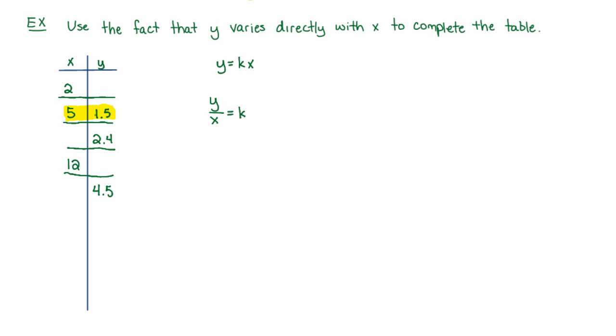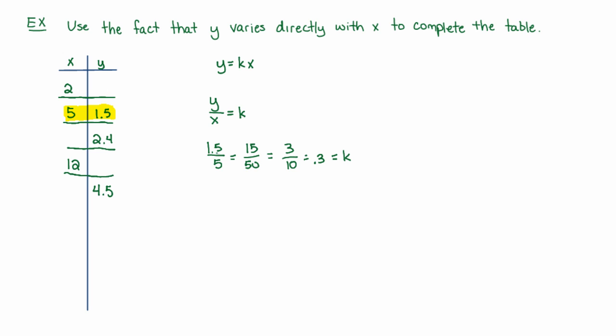So let's plug in this value of y, this value of x here. So y is 1.5 when x is 5. And we'll simplify this down. I'm going to multiply top and bottom by 10 to get 15 over 50. And then I'll reduce this fraction. Both of these numbers are divisible by 5. So that's 3/10, or in other words, 0.3. That's what our constant of variation is.